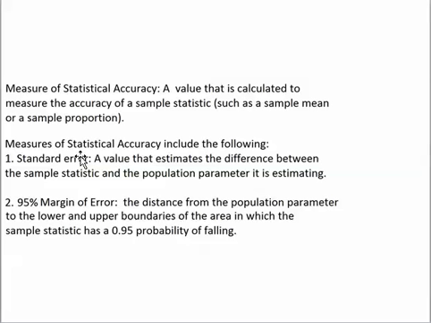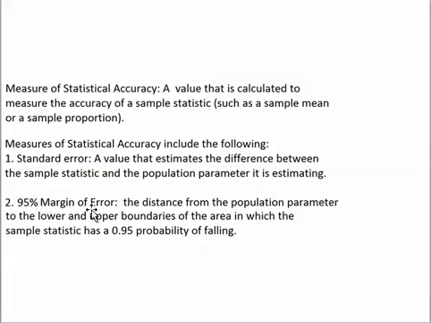A standard error is a value that estimates the difference between the sample statistic and the unknown population parameter. It's an estimate of the actual distance between the sample statistic that the researcher calculated and the unknown population statistic that's being estimated.